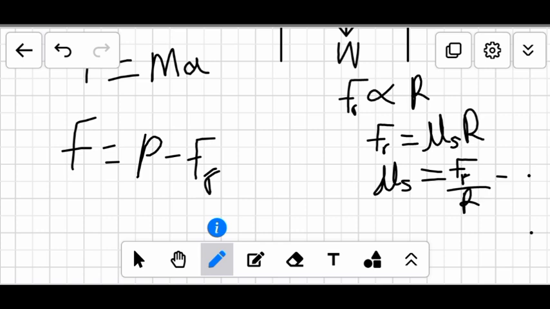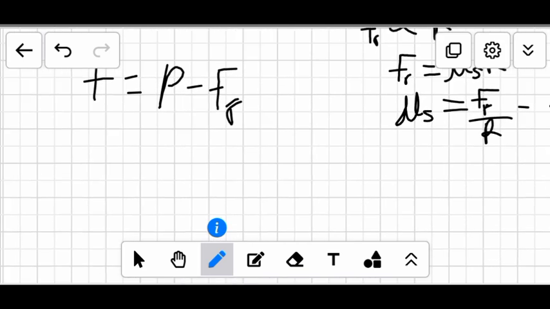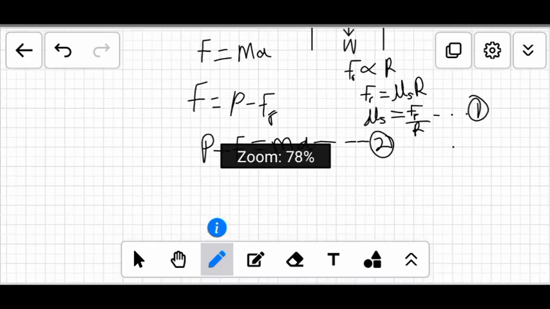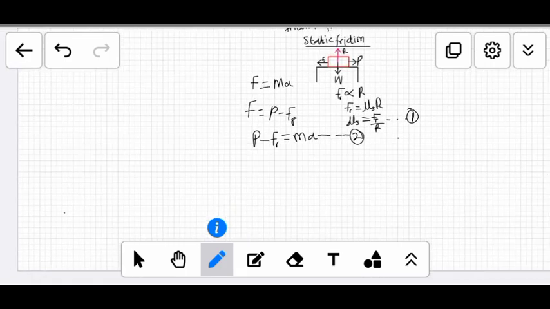So in such a case, you're going to have force P minus the frictional force giving you mass times acceleration of the body. So this is another formula you need to put in place. Let's say this is 2. You might find questions that ask all this.